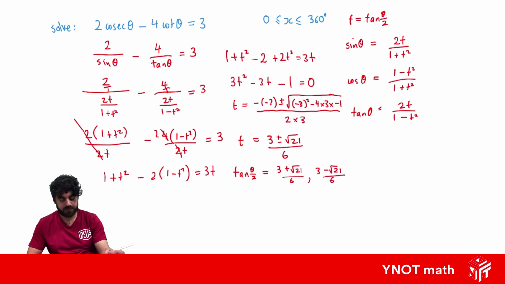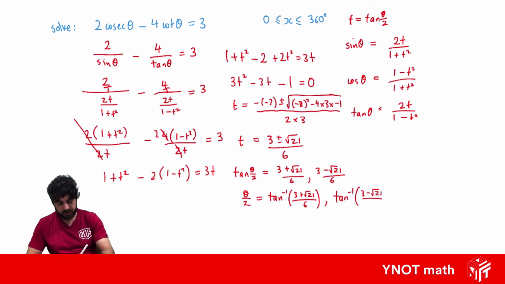So we get tan theta over 2 equals both 3 plus root 21 on 6 and 3 minus root 21 over 6. We can inverse tan both sides, and that's going to give us theta over 2 equals the inverse tan of 3 plus root 21 on 6, and the inverse tan of 3 minus root 21 on 6. And finally, we can times both sides by 2.